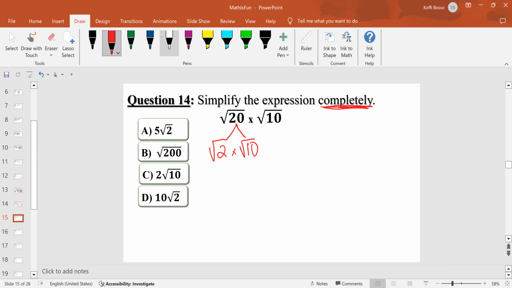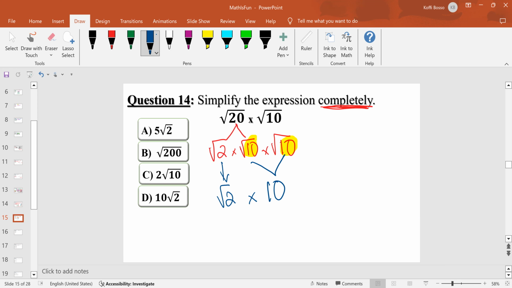Why? Because there is another square root of 10 here. And the rule is this. Every time you have a square root of a number multiplied by the square root of the same number, that turns to a regular number. So what I have here is 10 with no square root. Before, I had a square root of 2, which is here. Now I have a square root of 2 multiplied by 10.